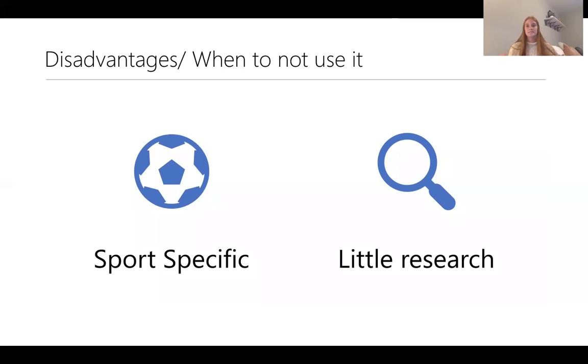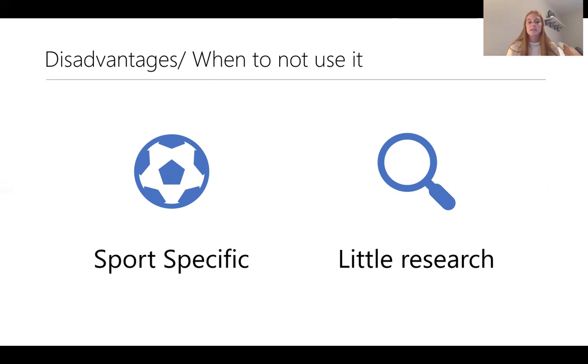So now let's talk about the disadvantages, or when you may not necessarily need to implement plyometrics. This is really specific to a sport. Sports are very different in whether or not an athlete's running a lot or using a lot of agility-based movements. So an athlete that plays volleyball, where they're jumping a lot, moving around, doing very quick movements and steps, may benefit a lot more from plyometric exercises versus a golf athlete who doesn't really do a lot of running and is very upper body focused.